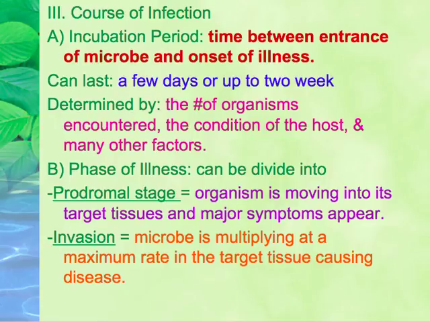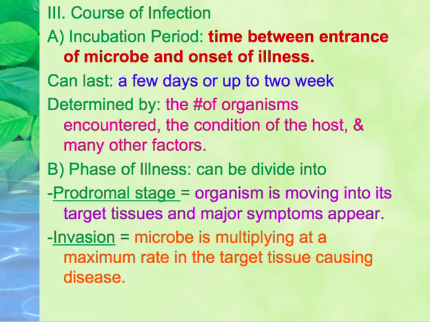Following the incubation period, there's what's called the phase of illness. Now, in research, the phase of illness can be divided into 2 categories. Either A, the prodromal stage, or B, the invasion stage, okay? Some research journals will tell you just the phase of illness.